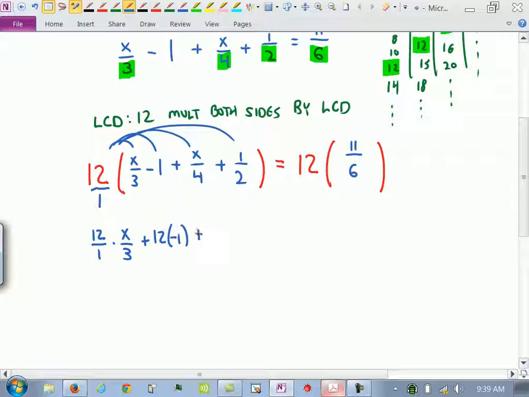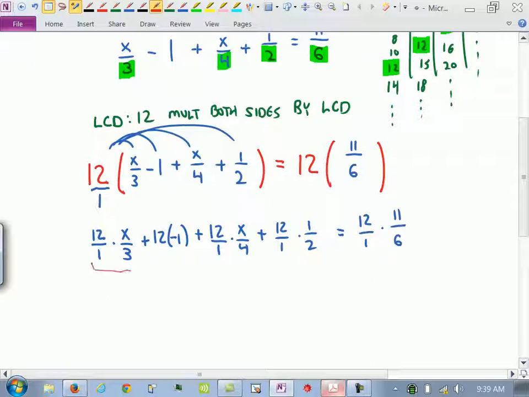My third one will be 12 over 1 times x over 4. And my last one will be 12 over 1 times 1 over 2. That make sense? And now, on the other side of the equation, I have 12 over 1 times 11 over 6.